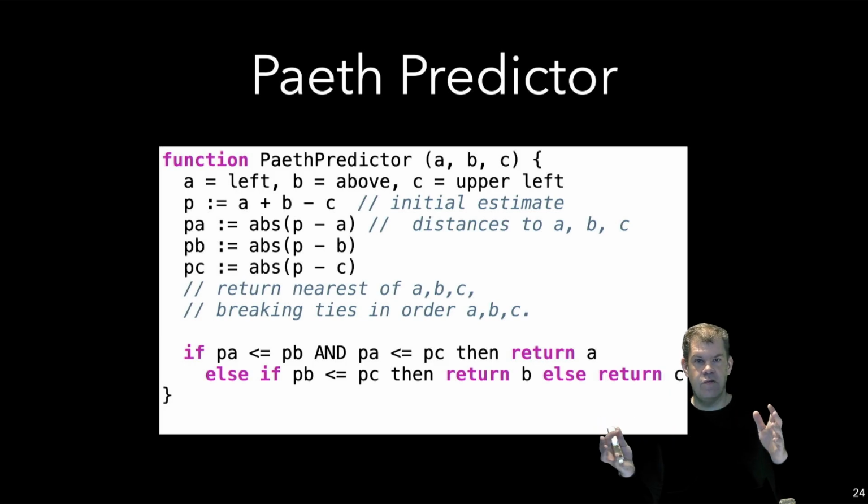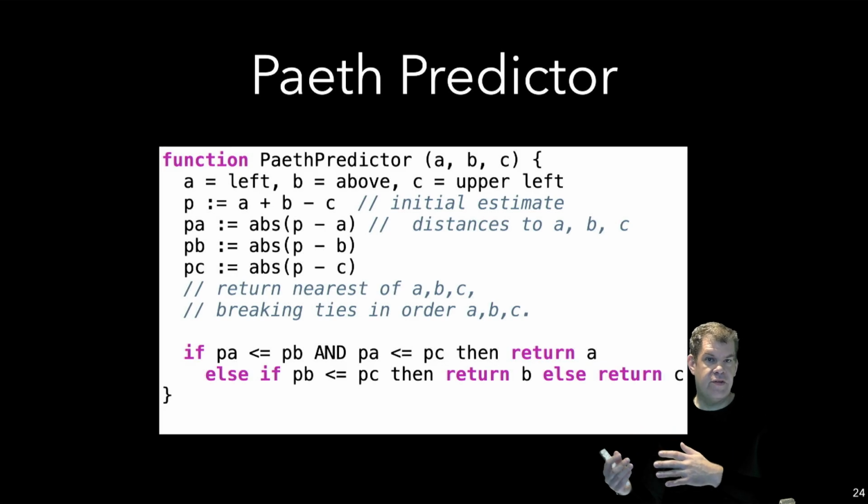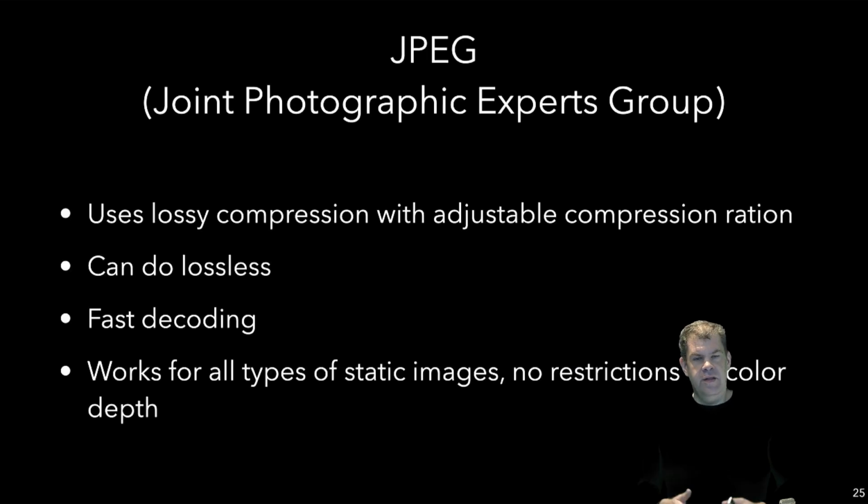If you have your cartoon character, it's maybe yellow on a white background with a black border. That compresses with much higher quality than with the lossy format that I'm going to present in a second, which is JPEG. Okay, so it's good for drawings, it's good for cartoons, these kinds of things, but it doesn't compress as well.